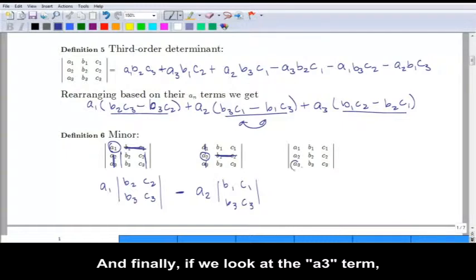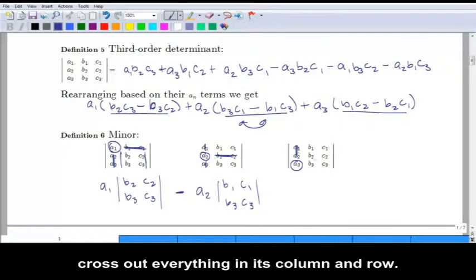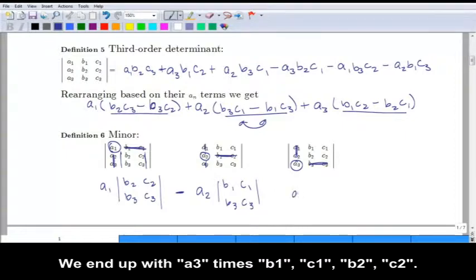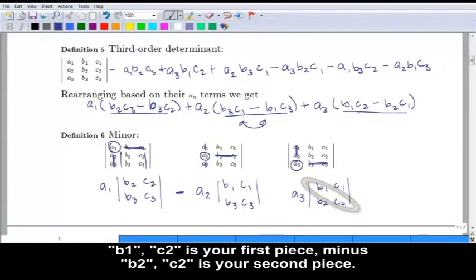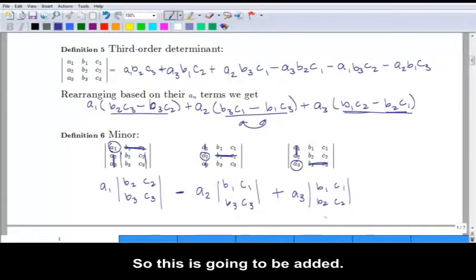And finally, if we look at the A3 term, cross out everything in its column and row, we end up with A3 times B1 C1, B2 C2. And again, in this case, this does work. B1 C2 is your first piece, minus B2 C1 is your second piece, so this is going to be added.